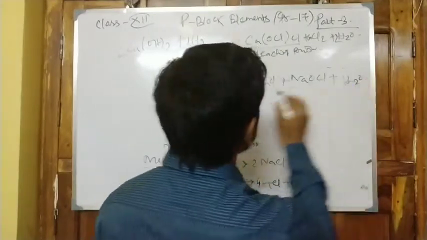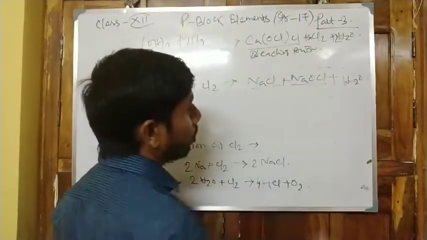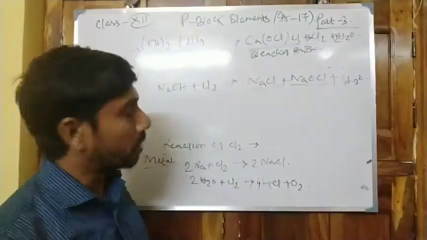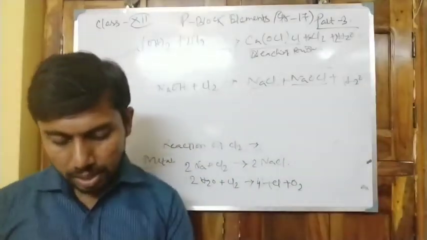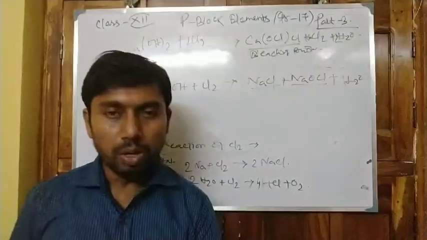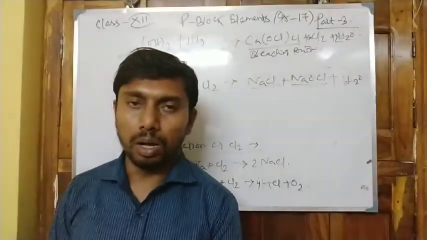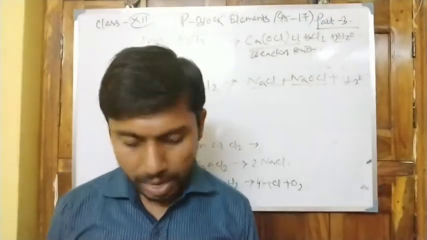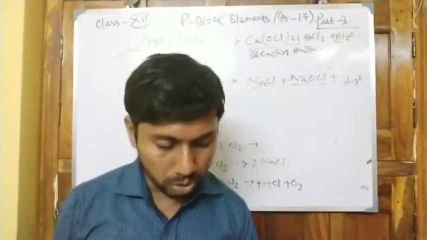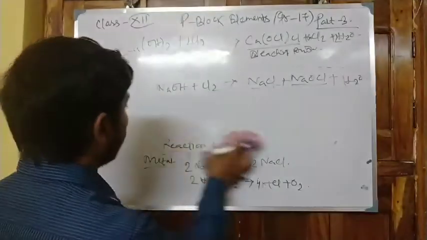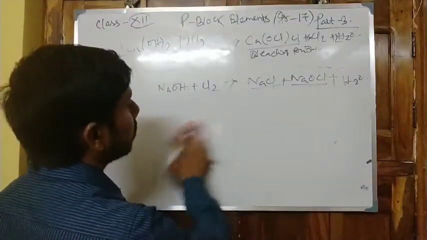So it is sodium chloride, sodium hypochlorite and water. Here also a type of reaction is shown for chlorine gas. Next one is the oxidizing nature of chlorine gas. In acidic medium, chlorine will oxidize ferrous sulfate to ferric sulfate, and it also oxidizes SO2 to H2SO4, sulfides to sulfates, etc.